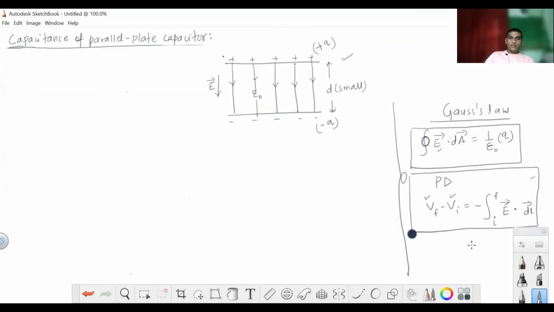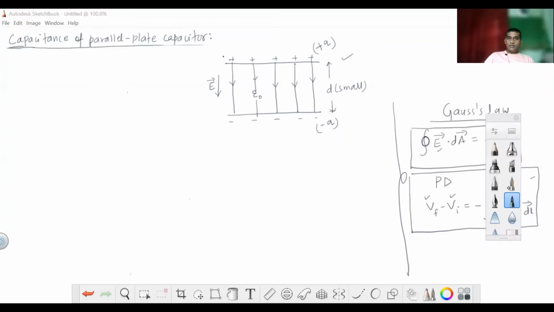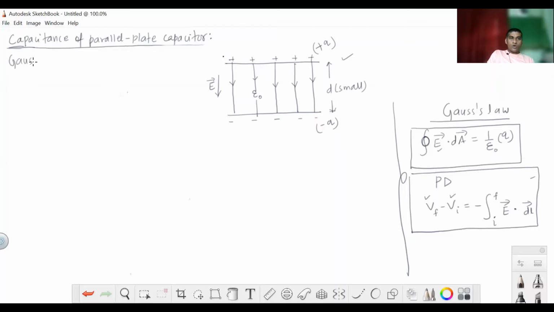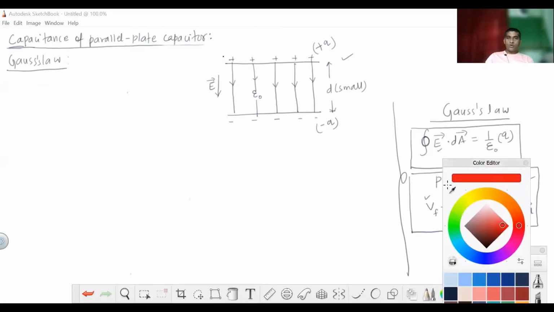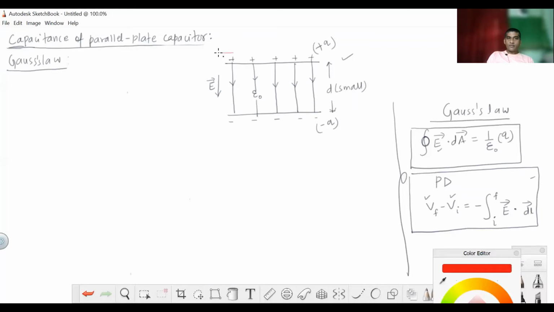Now let us use Gauss law. In order to use Gauss law, we must draw a Gaussian surface.